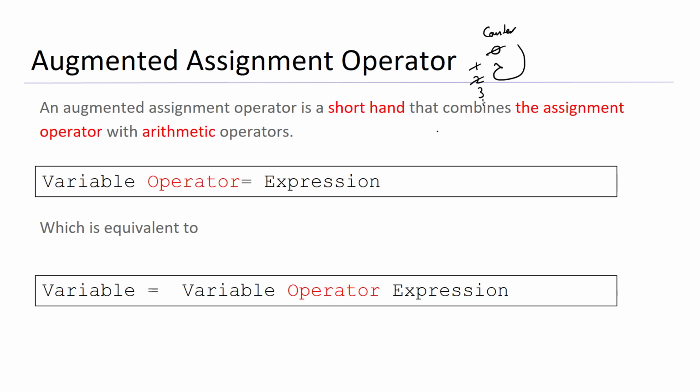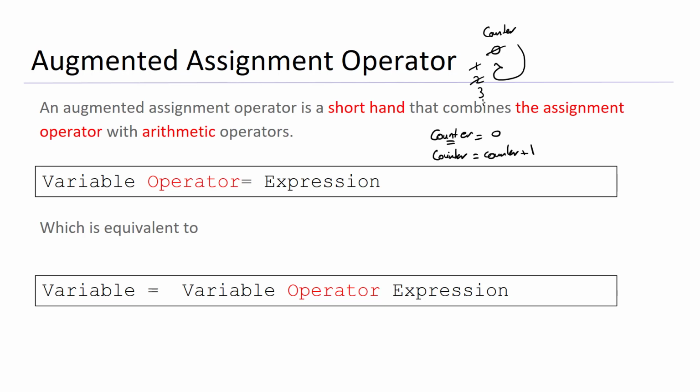One way to achieve that is to create a variable called counter and set it initially to 0. Now if you want to update the counter, you have to update the variable itself. So counter has to be on the left hand side of the assignment, and then you take the value of counter, which is 0, and add 1 to it.